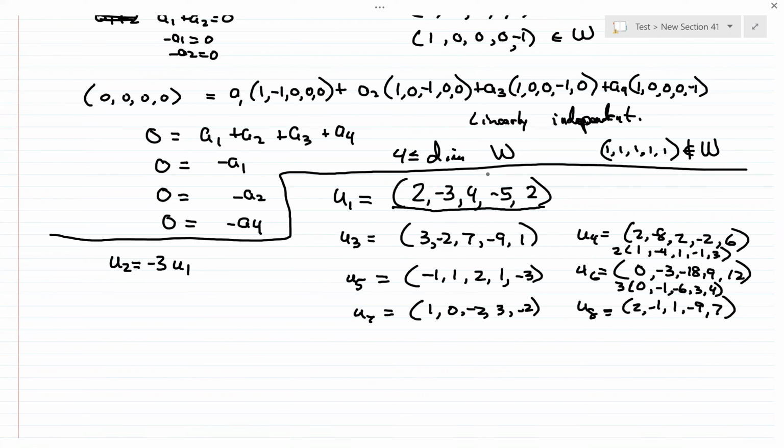So for example, suppose you added U4 and U5 and U7. If you added these together, you would get 0, you would get 1, you would get -1, you would get 4, and you would get -5.